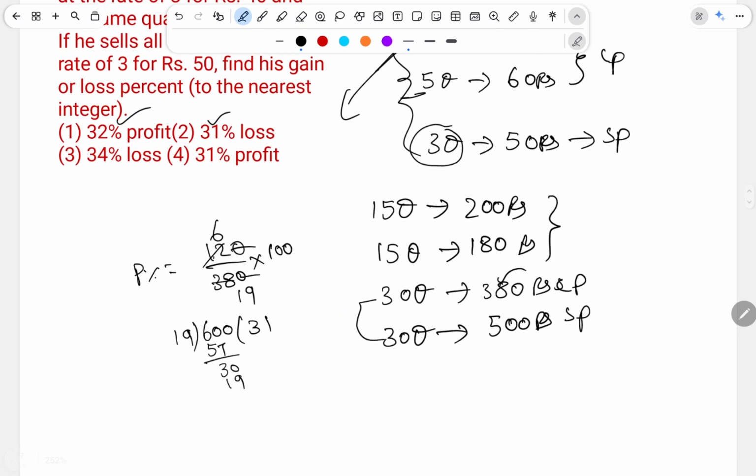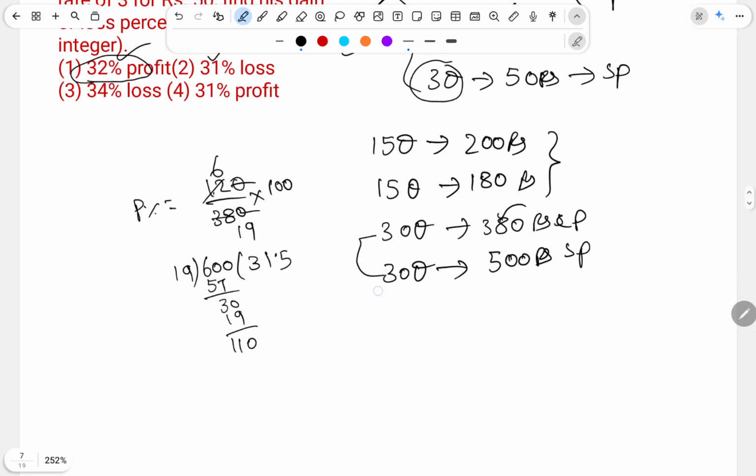The nearest is what they are asking. Okay, take a decimal, then 11 and a 0. 19 how many times? 19 fives are 95. So it is more than that. So it must be 32% profit, because 0.5 and above should be rounded to the next.